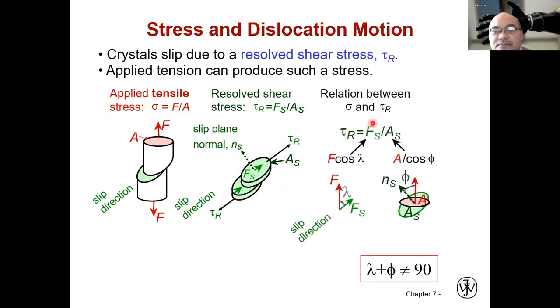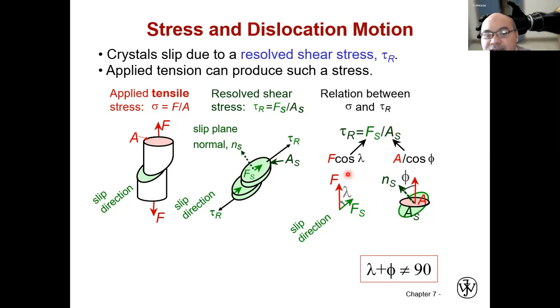The relationship between sigma and tau R was actually already discussed in the chapter on mechanical properties. Tau R equals Fs divided by As. Fs is the component of F which is parallel to the slip direction, at an angle of lambda. So Fs equals F cosine lambda.